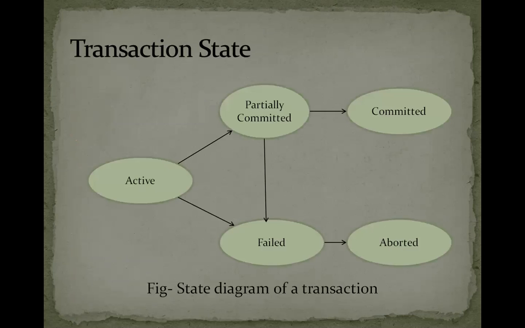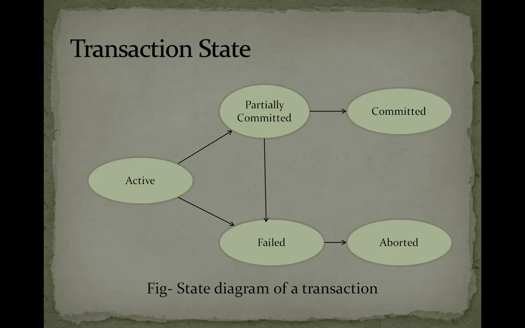Now let us discuss the transaction states. It is possible that a transaction may not always be able to complete its execution successfully. Such a transaction is said to be aborted.